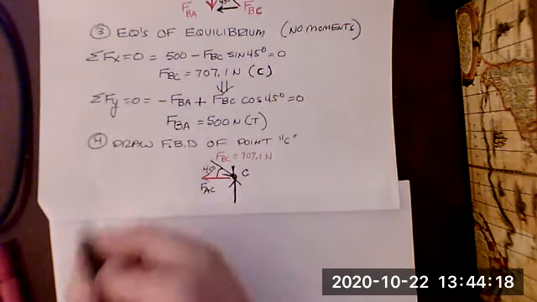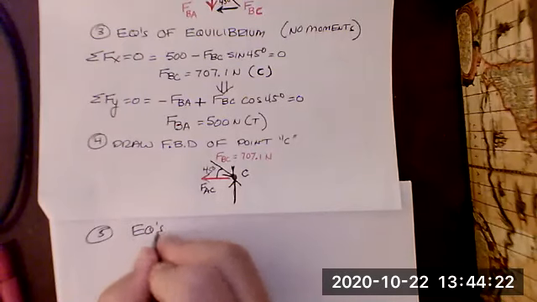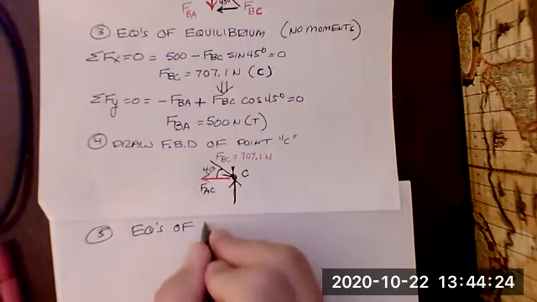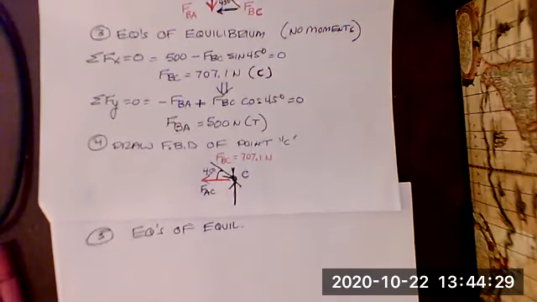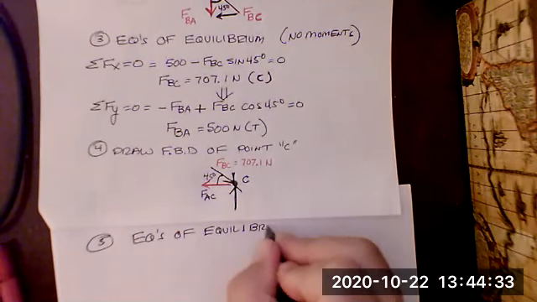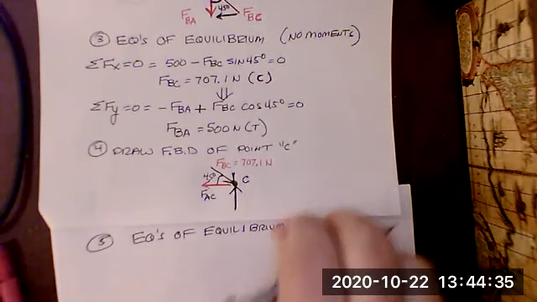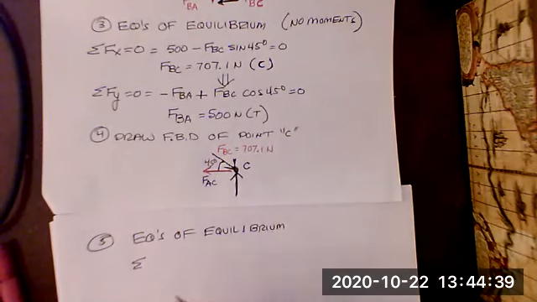So again, our equations, I'm going to abbreviate this if okay with you guys. Equations of equilibrium. Okay, I'll write it out. Equations of equilibrium. Let's sum the forces, no moments here.